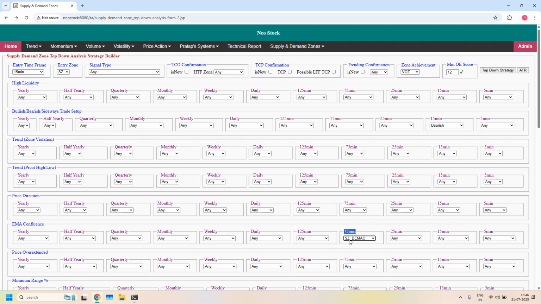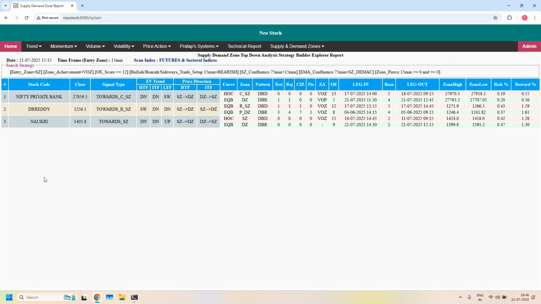That way those 15-minute supply zones might be having more high probability to get success. Let's verify. We got 3 stocks. So these 3 75-minute supply zones might be having more high probability to get success. Provide lesson 20 checklist items are satisfied. That is very, very important.